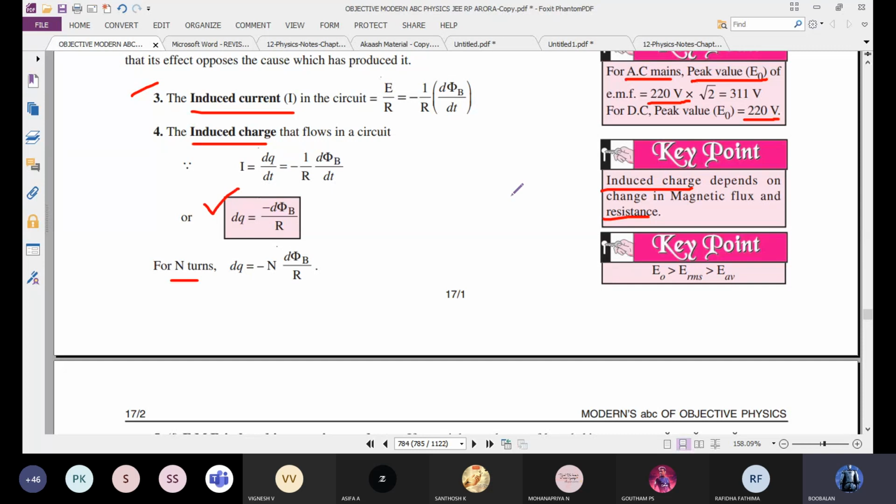Induced charge, that is dq, depends on changing magnetic flux, that is minus d phi by dt. So phi 2 minus phi 1 is called the change in magnetic flux, and R is the resistance value. Another one, the EMF value, it is 0 for RMS average.